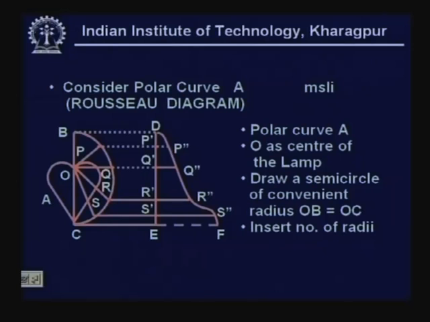So, now in order to get the mean spherical luminous intensity, what we do is we construct what is called a Rousseau diagram. How do we go about it? We take the polar curve A given, take O as the center of the lamp, then take any convenient radius, okay, and here the most convenient radius would be, my polar curve is extending up to OC.